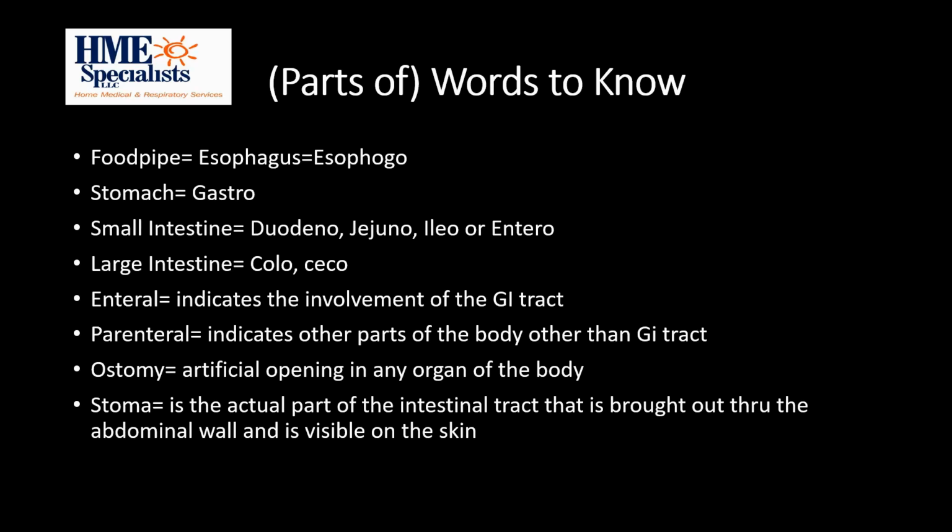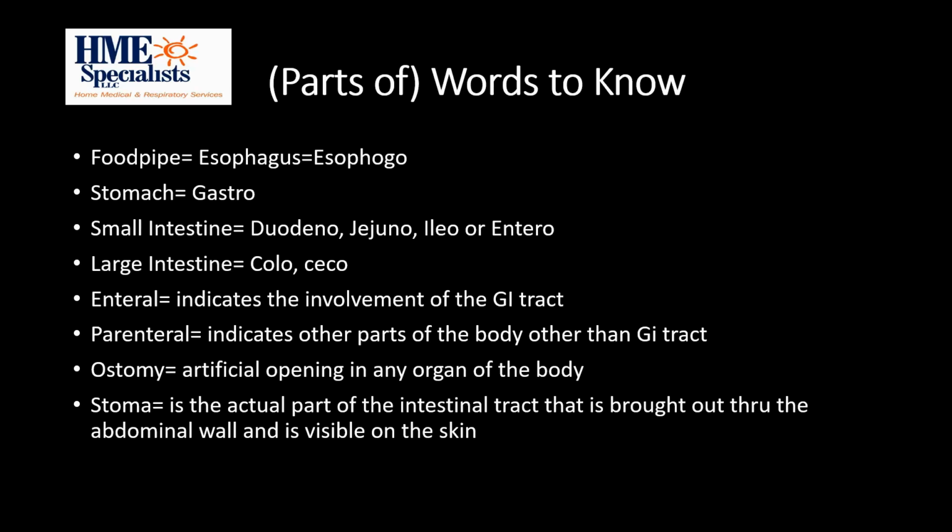When we talk about the stomach, we use the term gastro. When we talk about the small intestinal tract, we usually use, generally speaking, entero, but it can be broken down into the 3 areas we talked about: duodeno, jejuno, and ileo. When we talk about the large intestine, the parts of the word we usually use are colo or ceco.